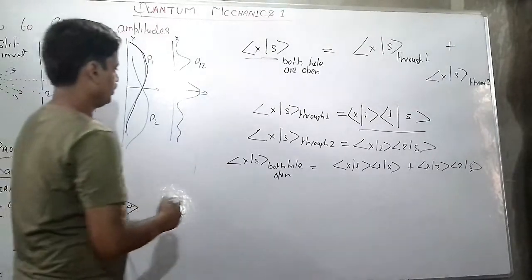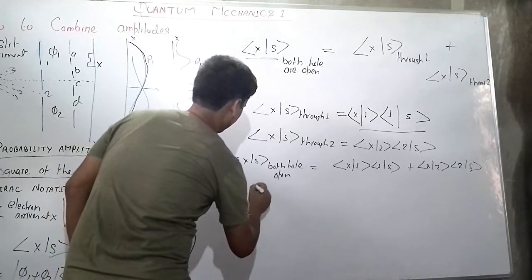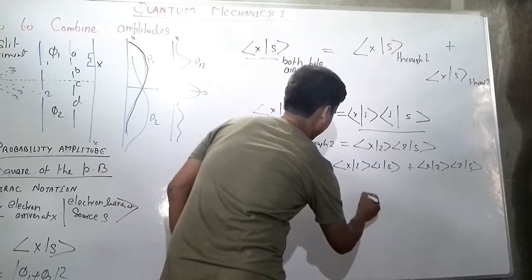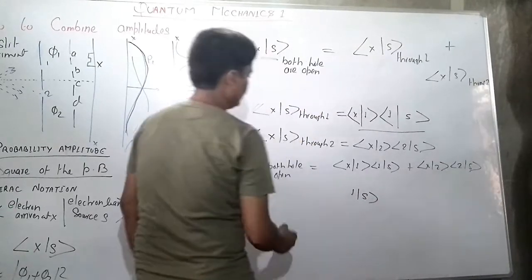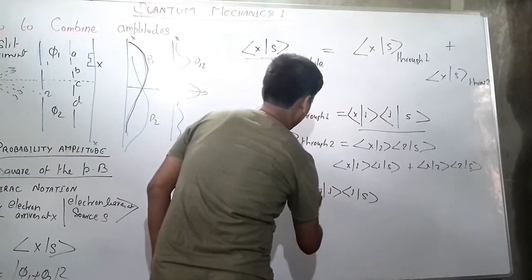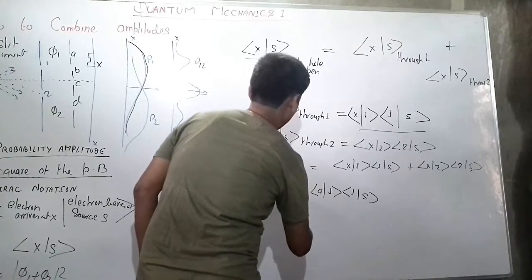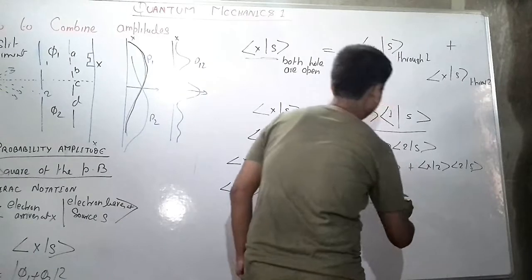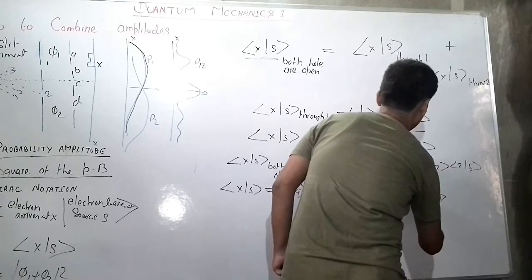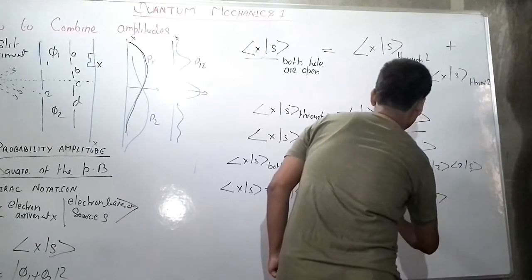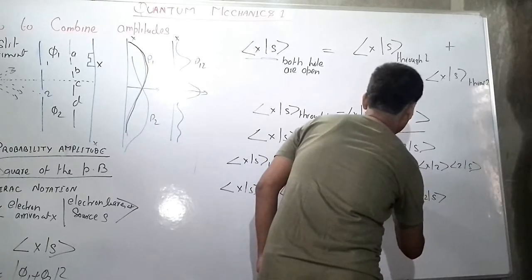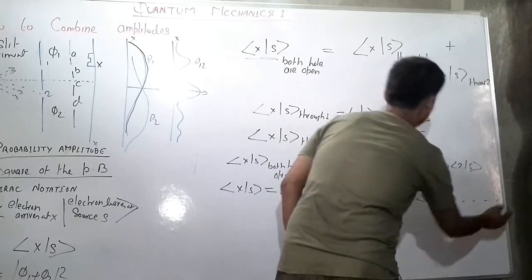We can write it like S to 1, from hole 1 to A, and again from A to X. In the same way from S to 2, 2 to B, and again B to X, and so on.